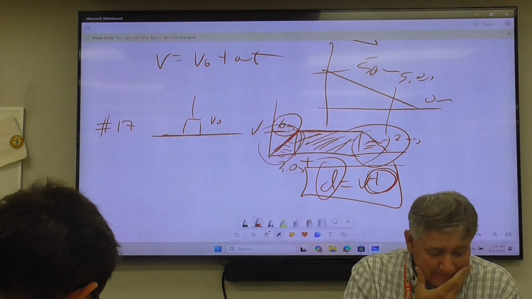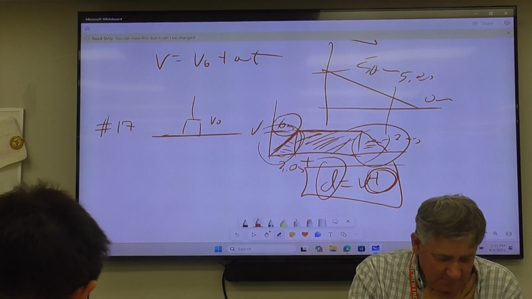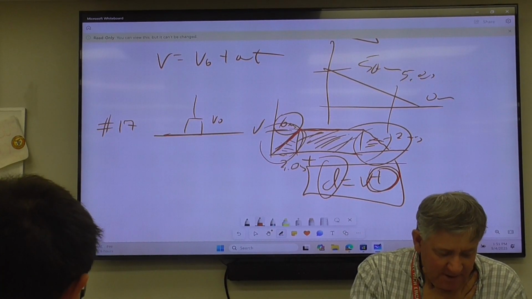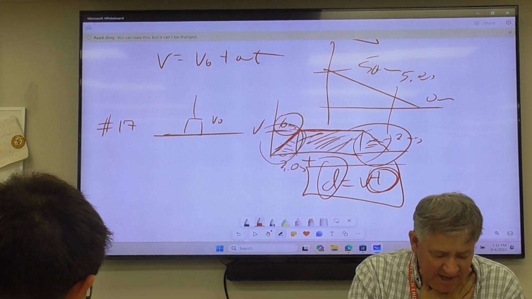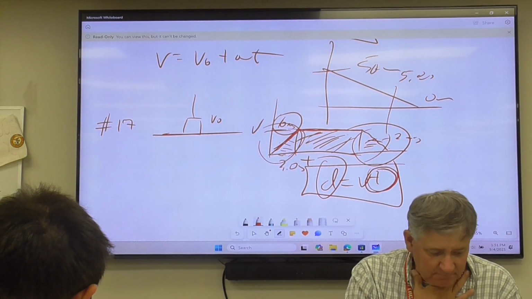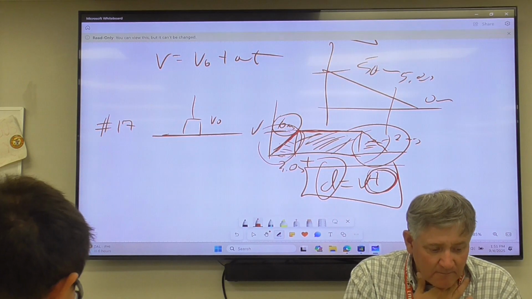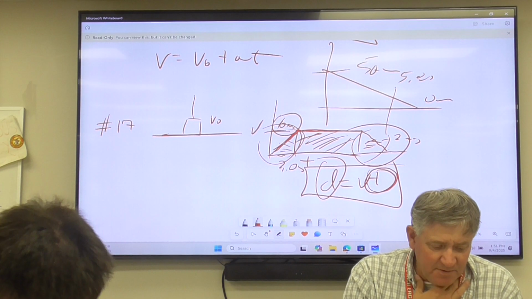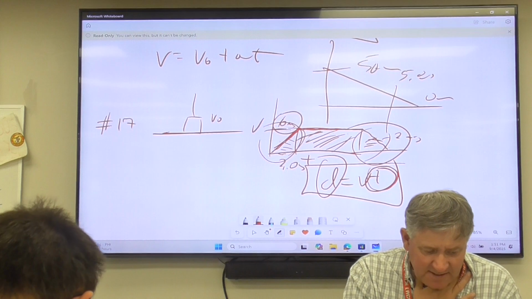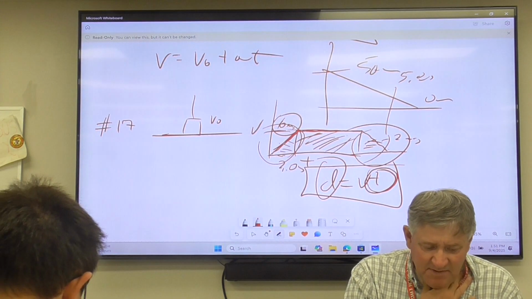Your answers to 9 and 10 on the ones that I gave you, both of those should be around 30 meters. That's an ish, but they should be in the 30s. On number 3, with the launch and landing of the F-18, the launch acceleration should be in the mid-30s.